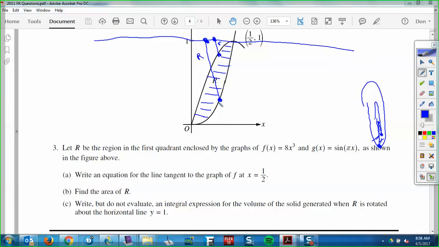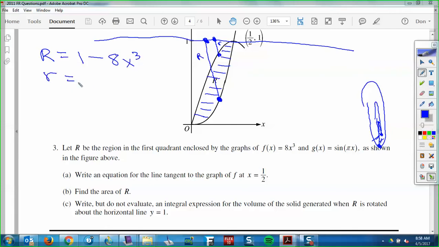How do we find the length of a strip? Jesse, say it again. Top minus bottom, or right minus left. So big R is this strip right here. So what's the top Y value? 1. Minus, what's the bottom Y value? 8x cubed.